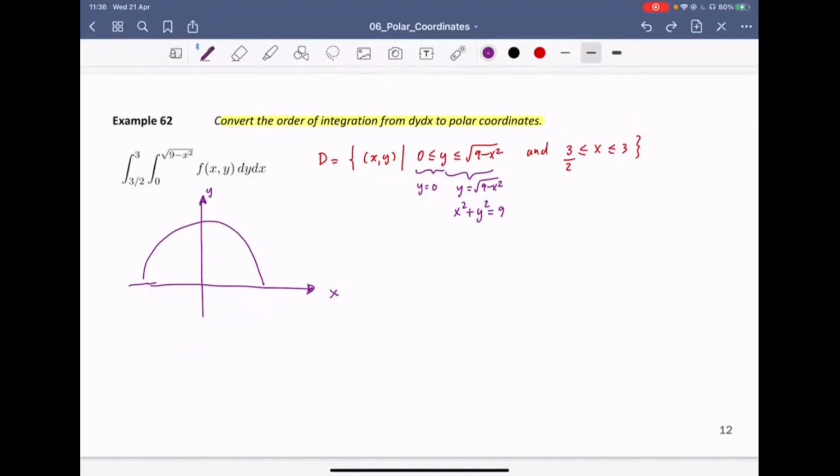And then we need x equal to 3 over 2 and x equal to 3. This is x equal to 3 over 2. The scale is not that good. And this is x equal to 3, right? Because this is a circle with radius 3. All right. Looks like the region that we need is this one.